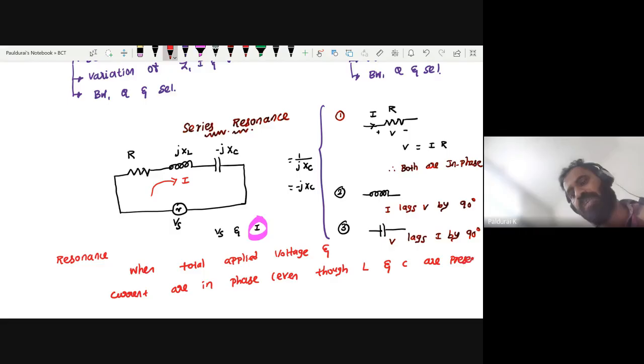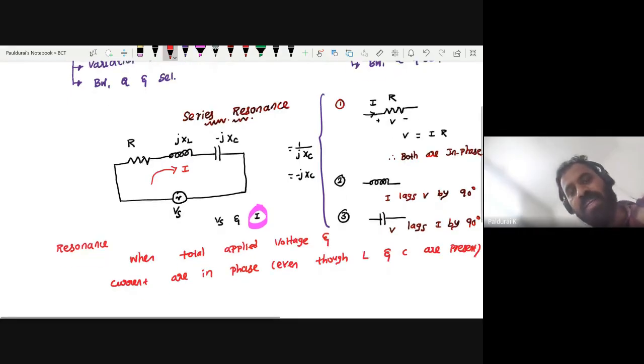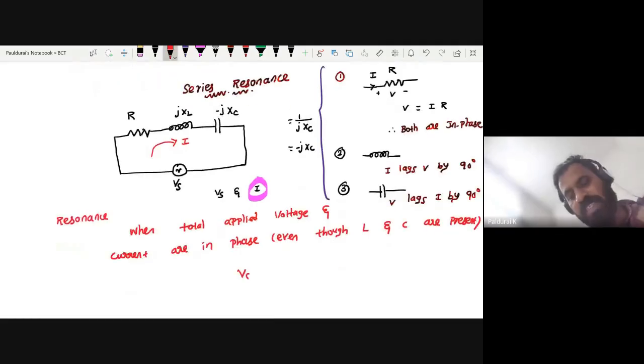That is the beauty. Even though inductor and capacitor are present, this applied voltage Vs is in phase with I. Under what condition must this be satisfied?